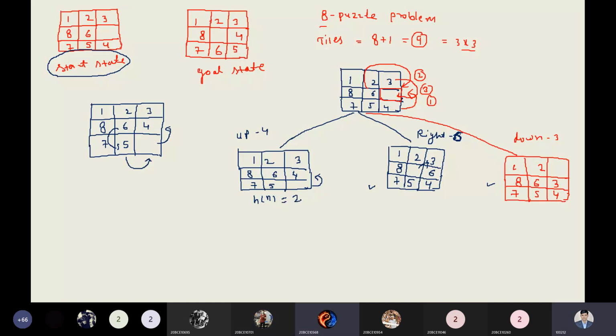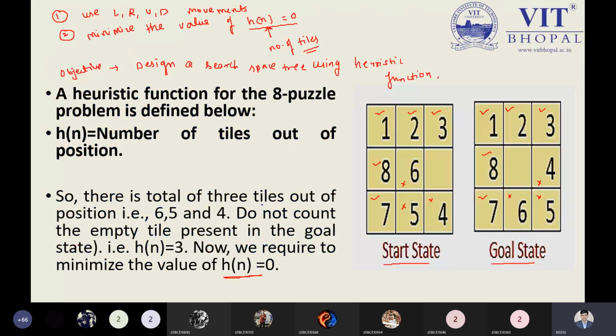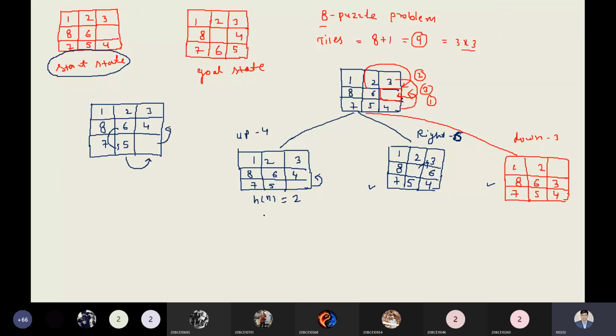Justification: 5 and 6 are not in position, while 1, 2, 3, 4 are in position. So the heuristic function will be 2 as per our problem, and that is the number of tiles out of position. Now it is clear. So why are we getting 2? Because 6 and 5 are out of position.